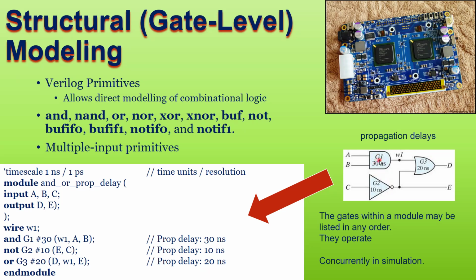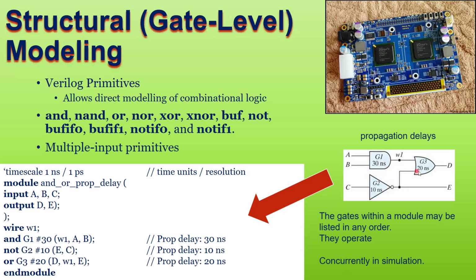It is the amount of time to reflect the change in the output due to the changes in the input. I repeat again, the propagation delay is the time taken to reflect the changes in the output due to the changes in the input. So when you have a change in the input, there will be some 10 nanoseconds here to reflect the change in the output right here.